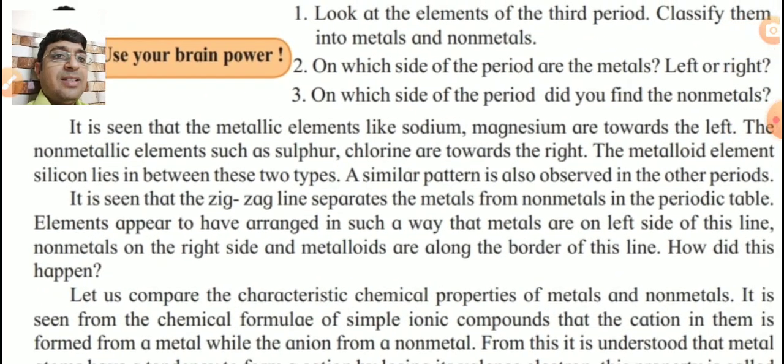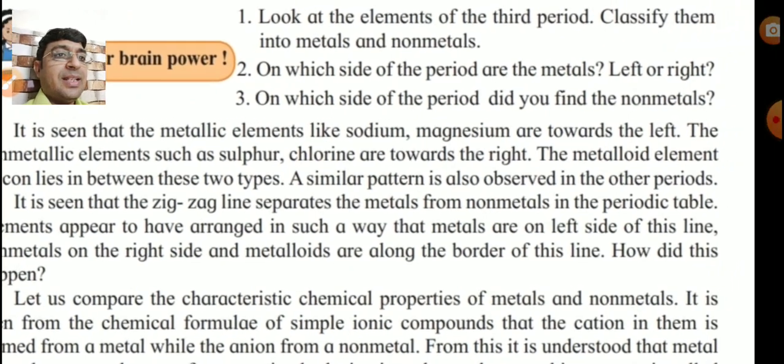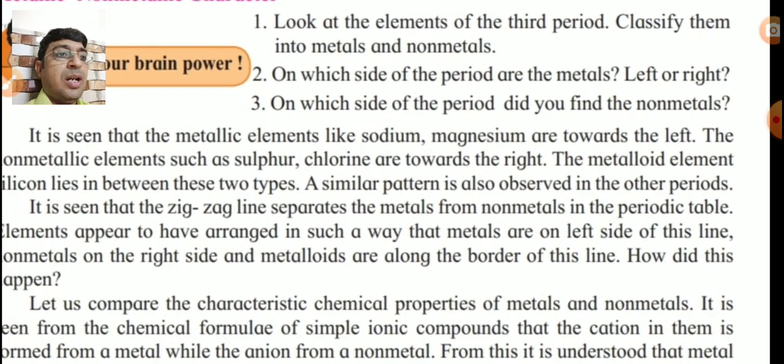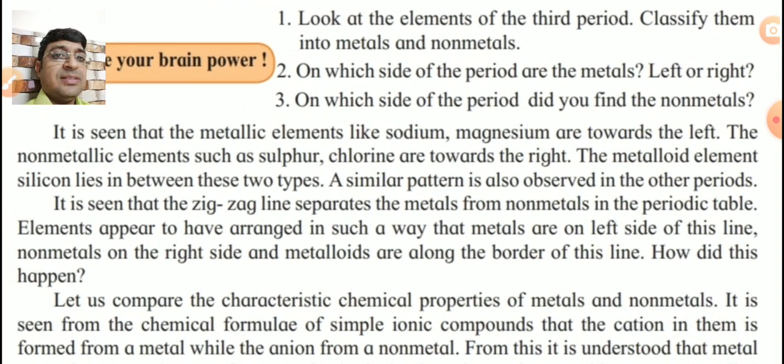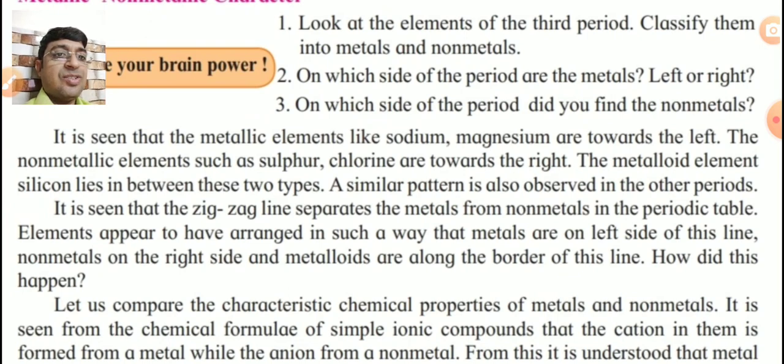It is seen that the metallic elements like sodium, magnesium are towards the left. The non-metallic elements such as sulfur, chlorine, etc. are towards the right. The metalloid element silicon lies in between these two types of elements. A similar pattern is also observed in the other periods.